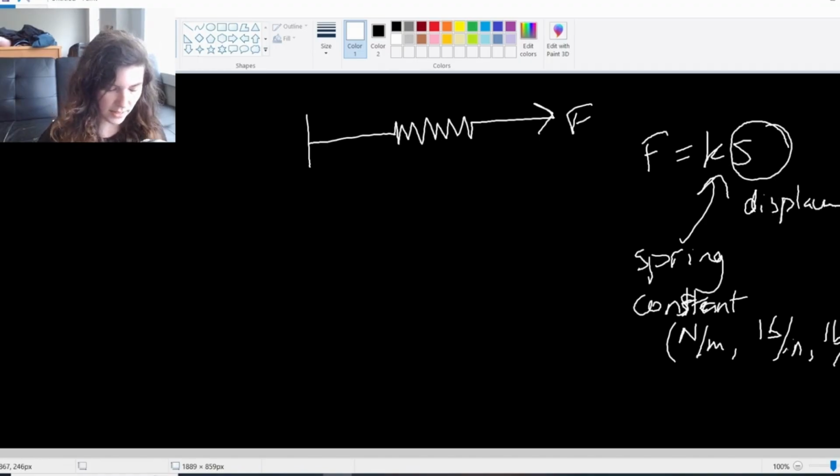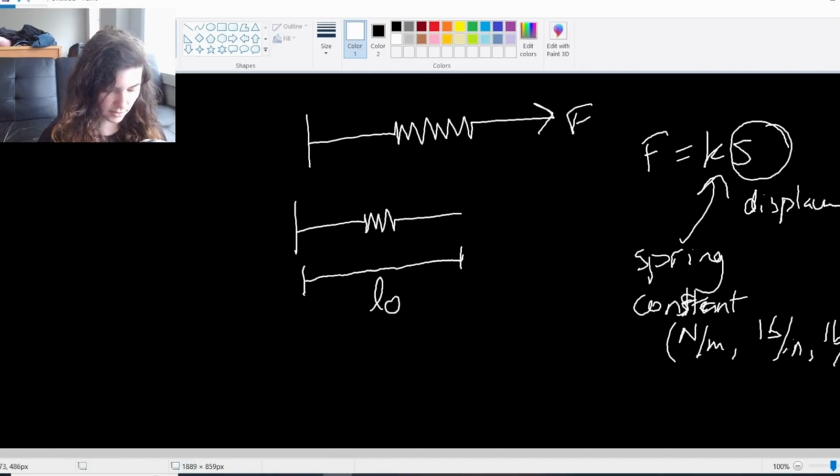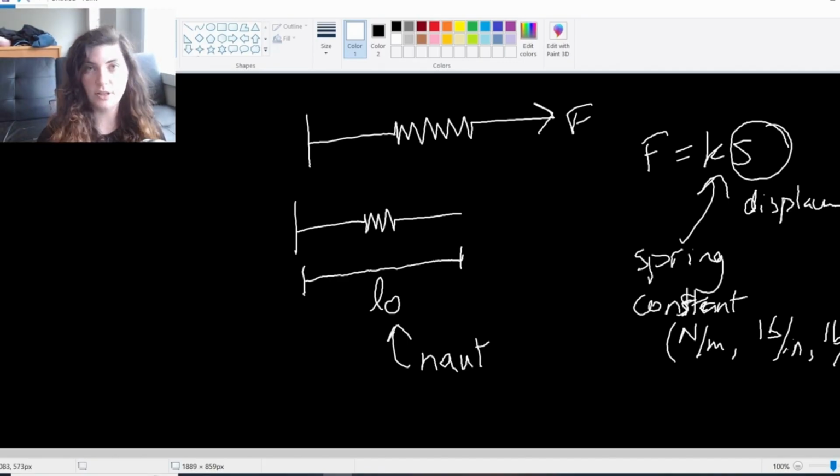And what I mean by that is when you have a spring that is unstretched, so the spring is just sitting here, no force applied, it has an initial length that I'm going to call L naught, L with a subscript of 0. So this L naught is the initial length before it's subjected to a force that stretches out the spring.